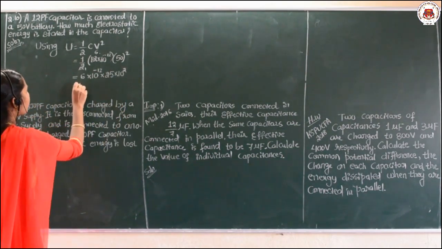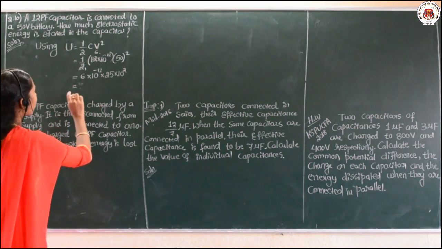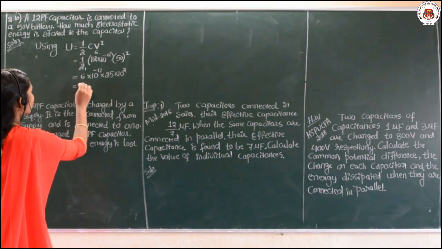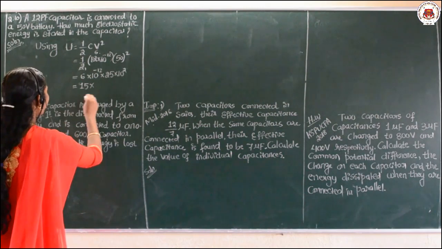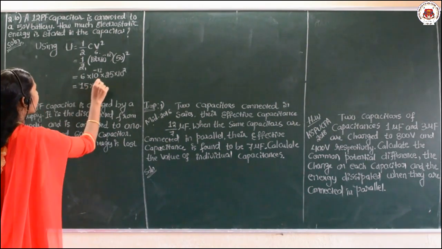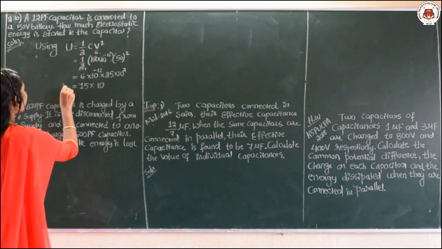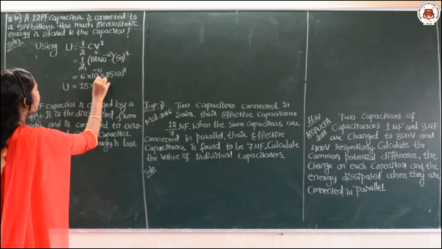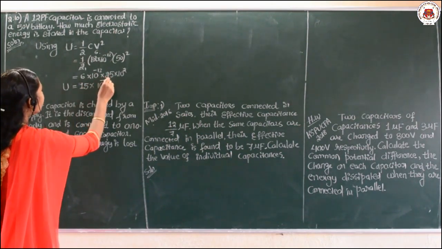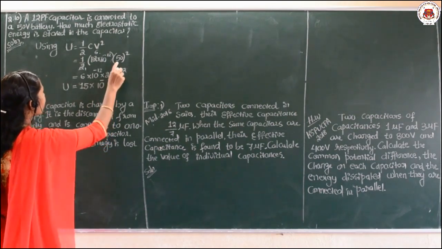Then if you multiply here, you will get the answer, nearly 1.5 into 10 raised to minus 7.